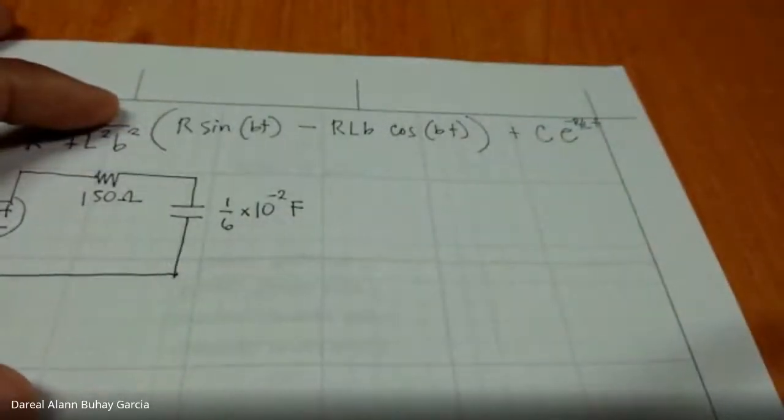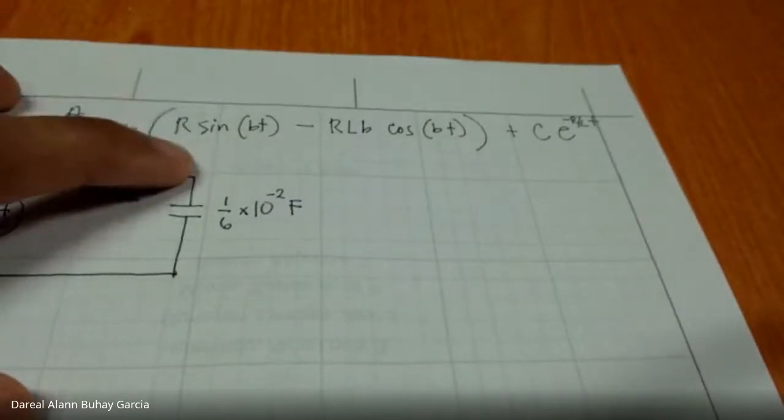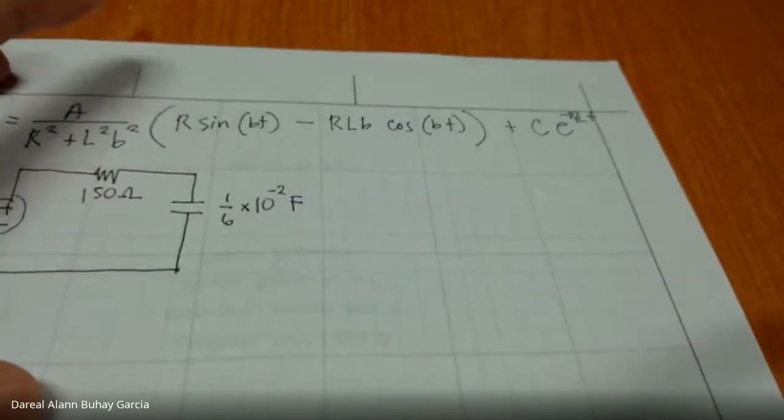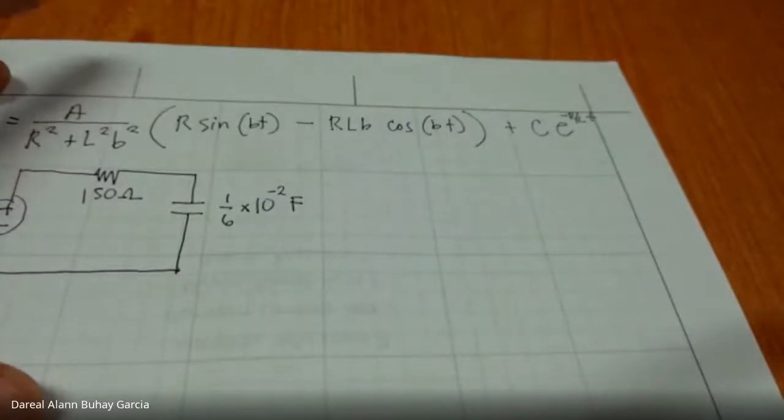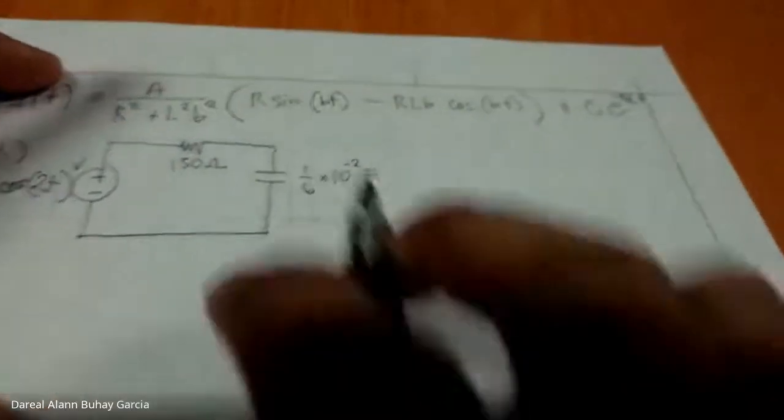And an initial charge on the capacitor of 5 coulombs. So initial charge means initial value condition.